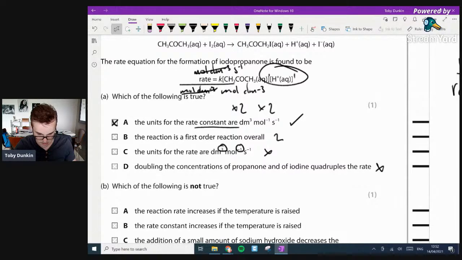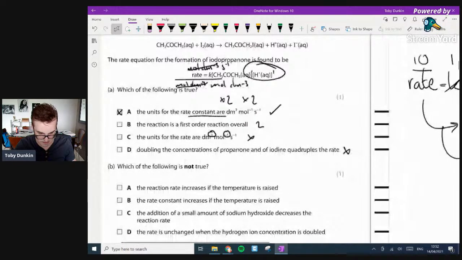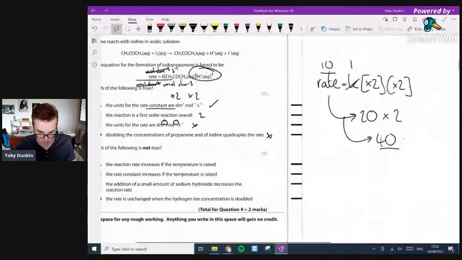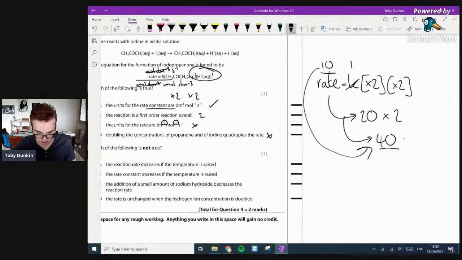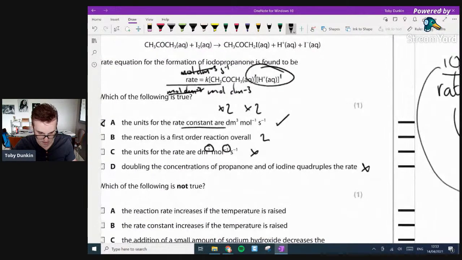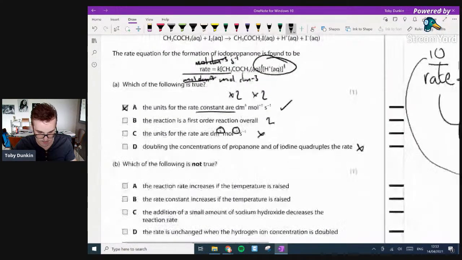This is going to be the first time I get something wrong in a while, especially this early on in the paper. Doubling the concentration of propanone quadruples the rate. Well, it would. I feel like I've made a mistake on my units somewhere. Moles per dm cubed, moles per dm, top one cancels, bring them up, flip the signs. Have I done something wrong here? No, it seems correct.